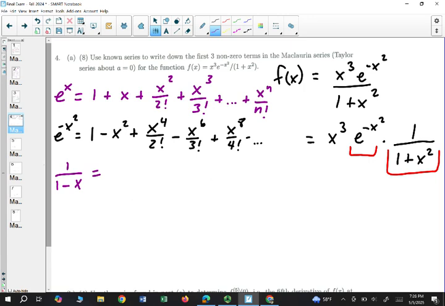Right, this was like our old geometric series where the common ratio is x, first term is 1. Okay, so this gives us 1 plus x plus x squared plus x cubed plus x to the 4th.